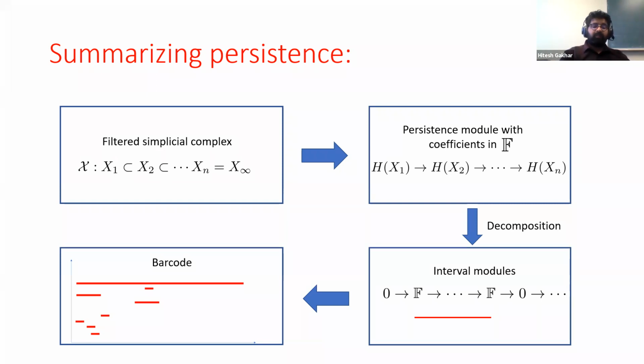Each of these interval modules corresponds to either a degree shifted F[t] free part or a degree shifted torsion part in the decomposition that we saw a couple of slides ago. Both of these, in an equivalent sense, give us barcodes. So that's the whole pipeline.